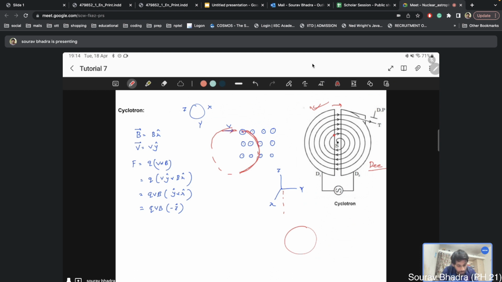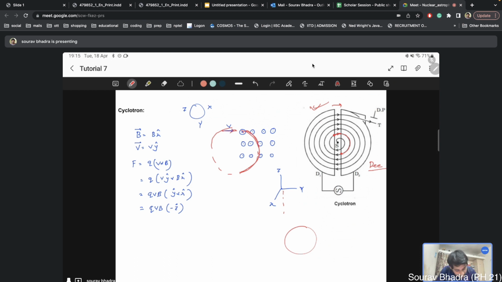Whenever this particle, again, this particle will go like this. The acceleration is happening in this gap itself, then it is following this path, no acceleration is there. Here it has reached this point. Now the electric field in this gap will be such that, that's why we use an RF, it actually changes the direction of the electric field.